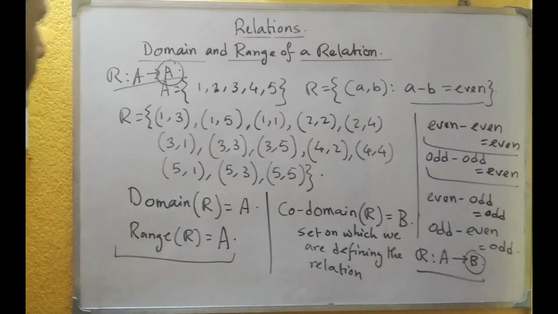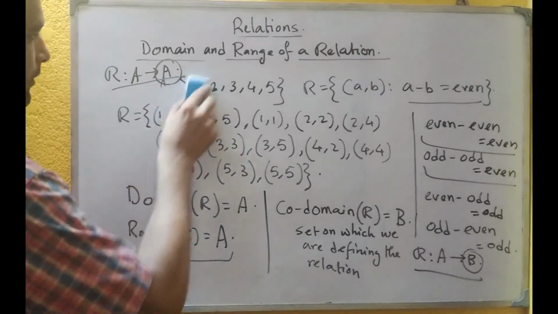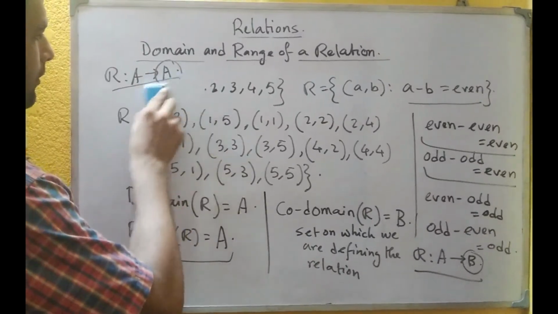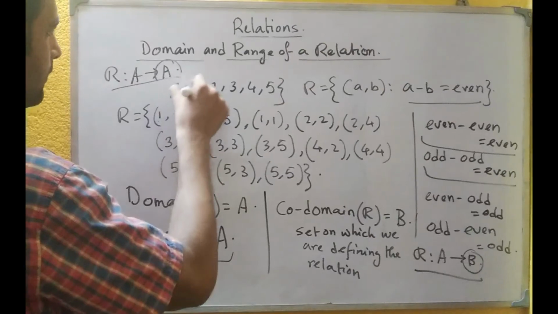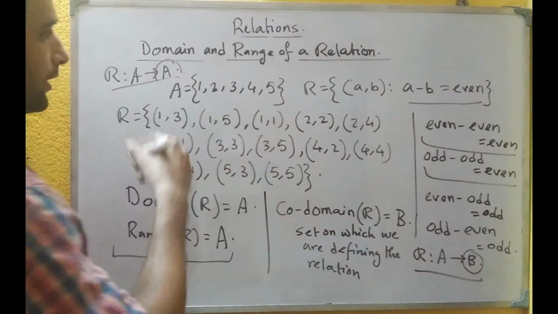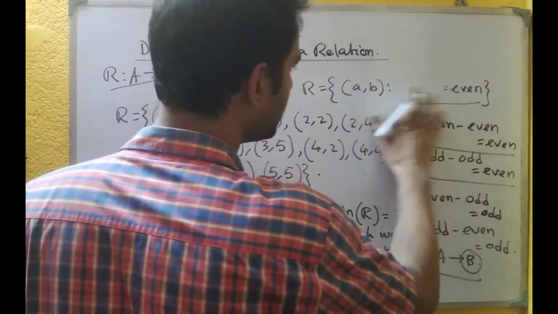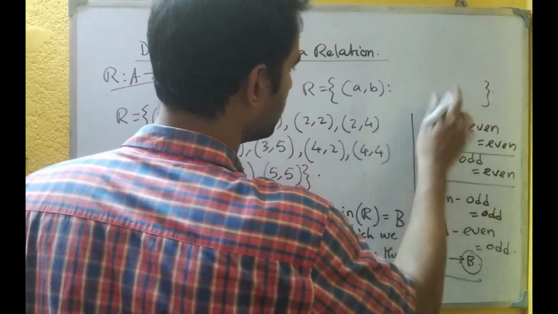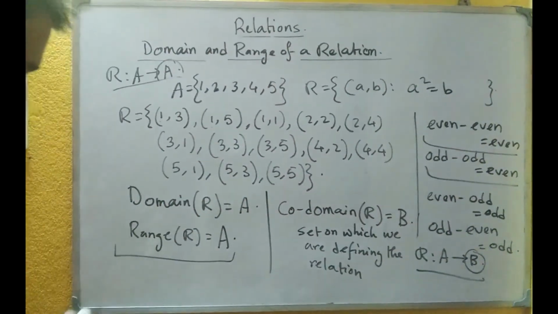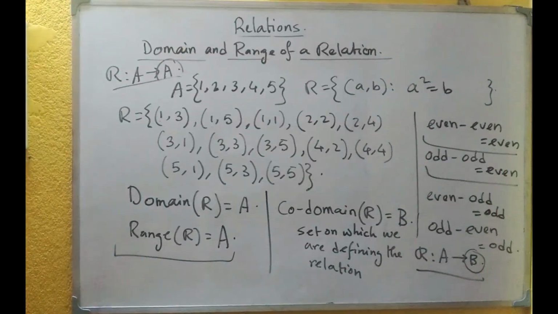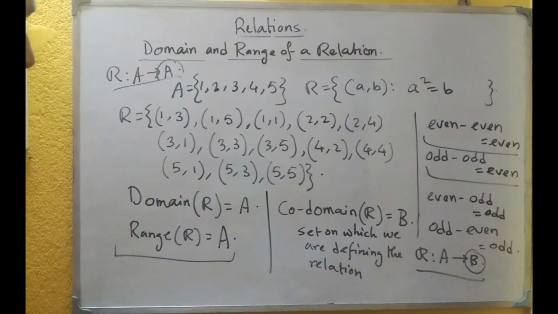If you change the previous example, or suppose we are defining the previous relation with a little change here, like this, A square equals to B, then you will see the change.